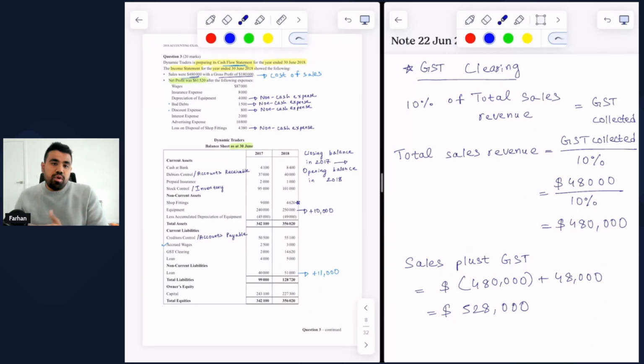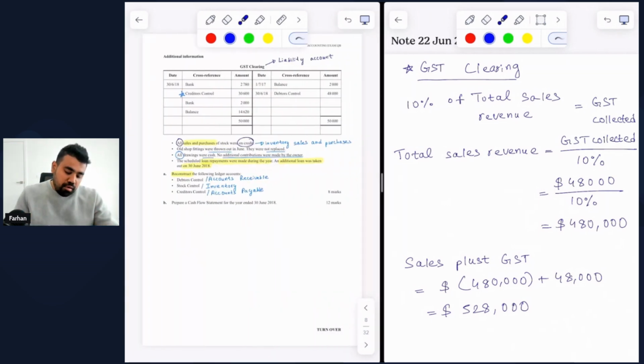If all sales were on credit, then the total sales revenue was 480,000, which means GST would have been 10% of 480,000, and that's 48,000, which must be the amount that is showing in the GST clearing account on the credit side anyway. So these are ways which you can use to validate whether or not you are doing it right, and you can confidently move on to the next step of the question.